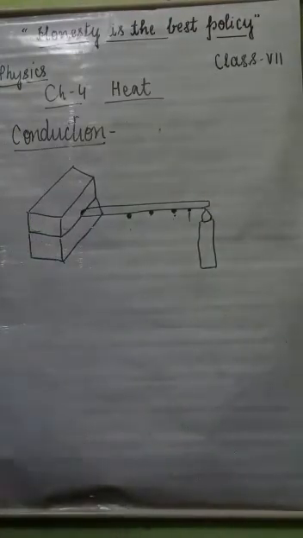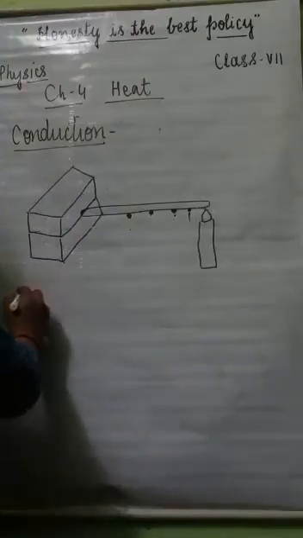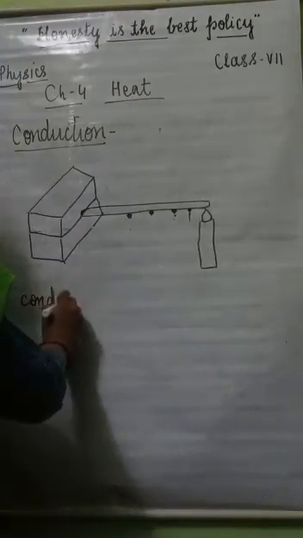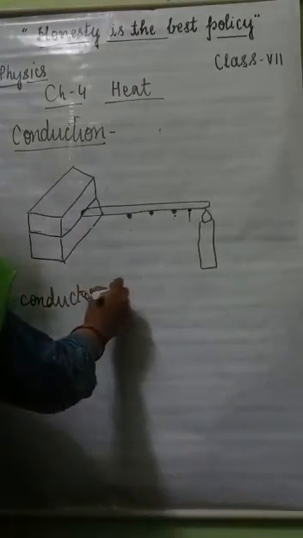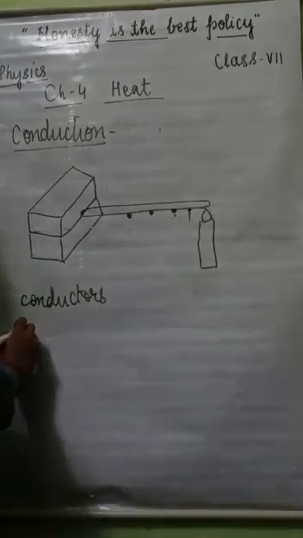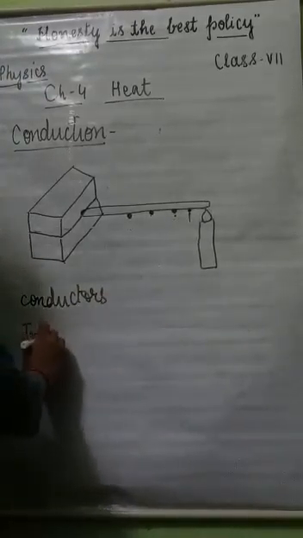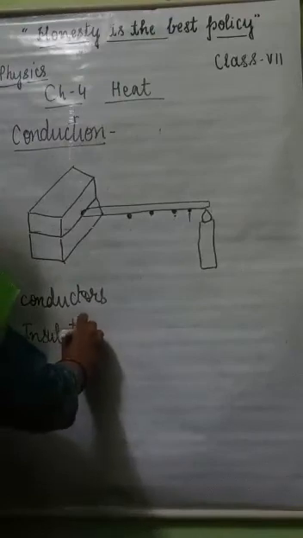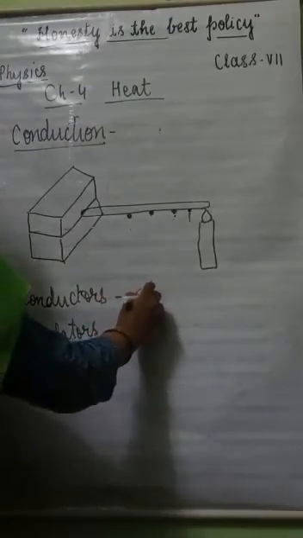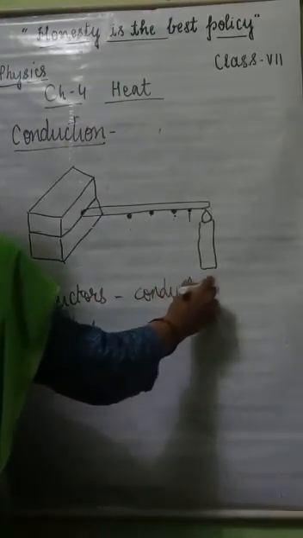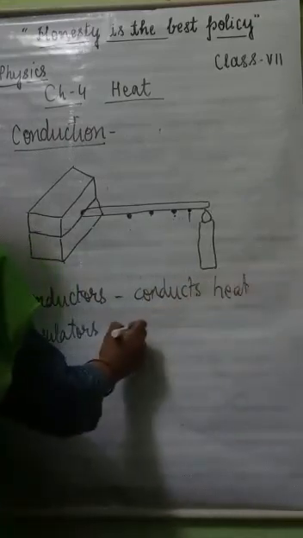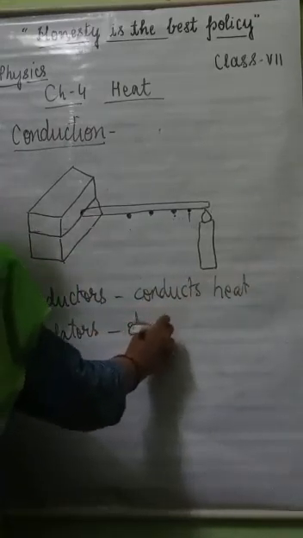The materials which allow heat to pass through them are called conductors, and the materials which do not conduct heat are known as insulators.